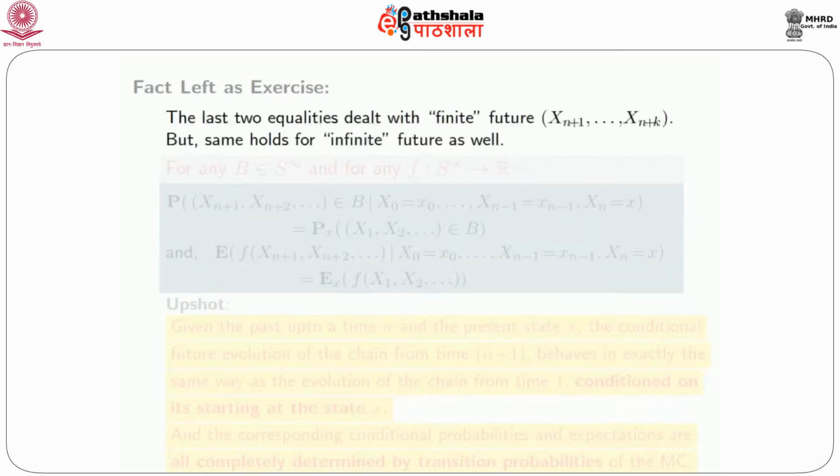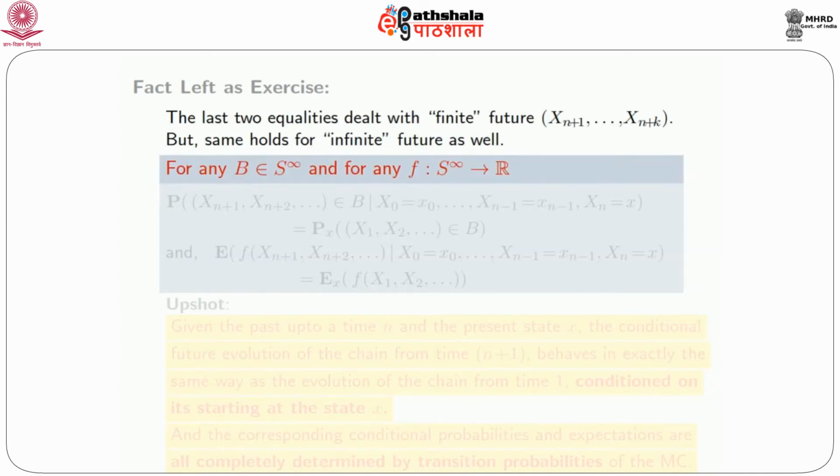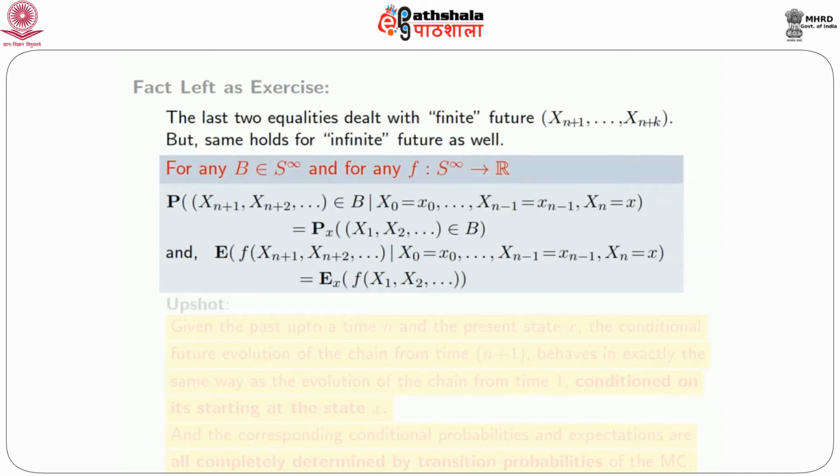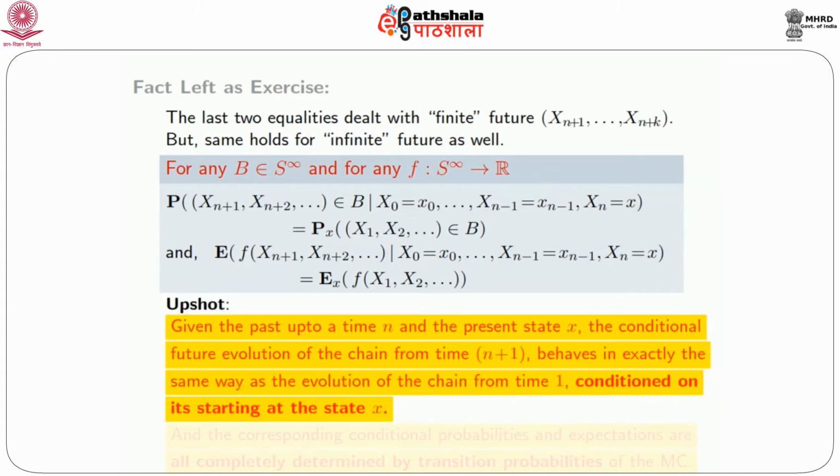Of course, in the previous two things, we looked at an event depending on the next k random variables after time n, and a random variable depending on the next k states after time n. So these are dealing with finite futures, Xn+1, Xn+2, ..., Xn+k. But similar things hold for the infinite future as well, which is captured in these results. It's not so difficult to show, but not as easy as for the finite future.